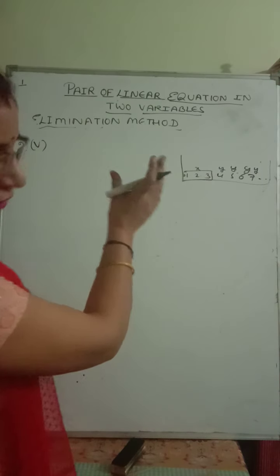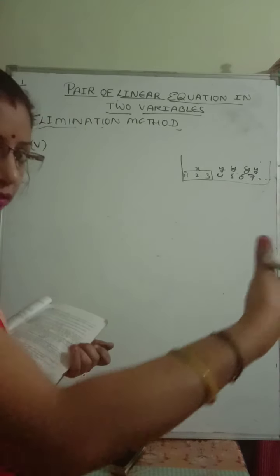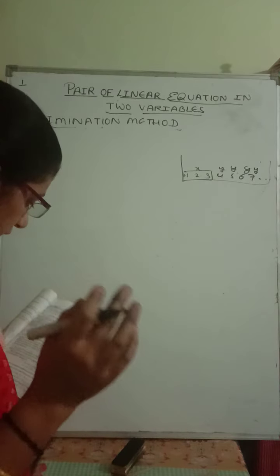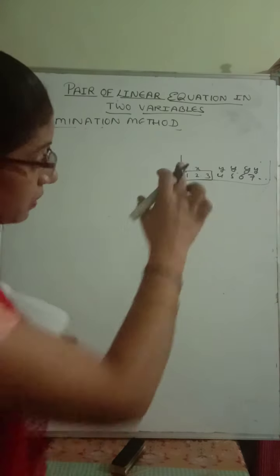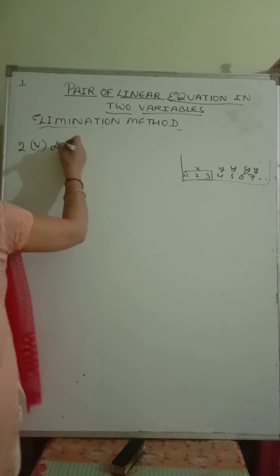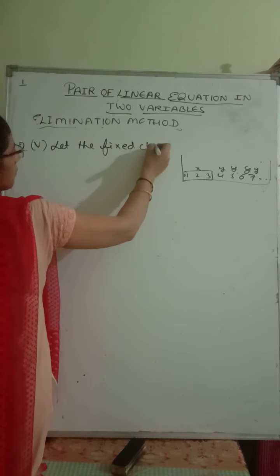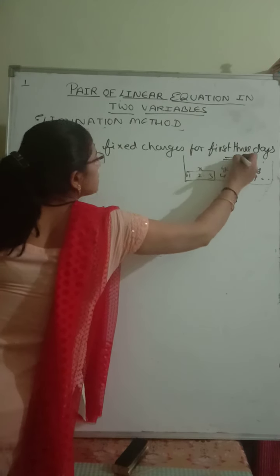A library has fixed charges for first 3 days and the charges thereafter for subsequent days. Sarita paid 27 for the book kept for 7 days. पहले तो हम इसे लिख लेते हैं. Let the fixed charges for first 3 days be x.